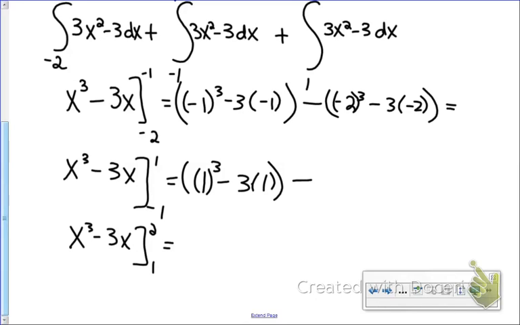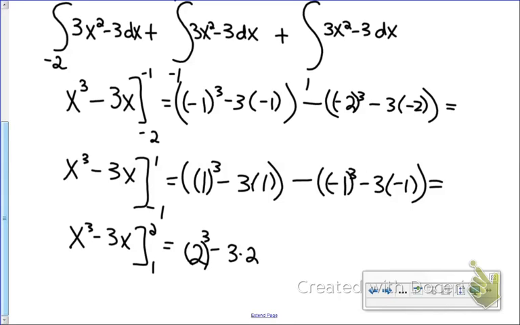Minus, plug in -1. -1 cubed minus 3 times -1. Get an area for that region. And then same thing here, plug in 2. 2 cubed minus 3 times 2. Minus, f of a would be f of 1, so 1 cubed minus 3 times 1. And I will give you a few minutes here to put it in your calculator and get a final area for each part, and then we'll add them all together.